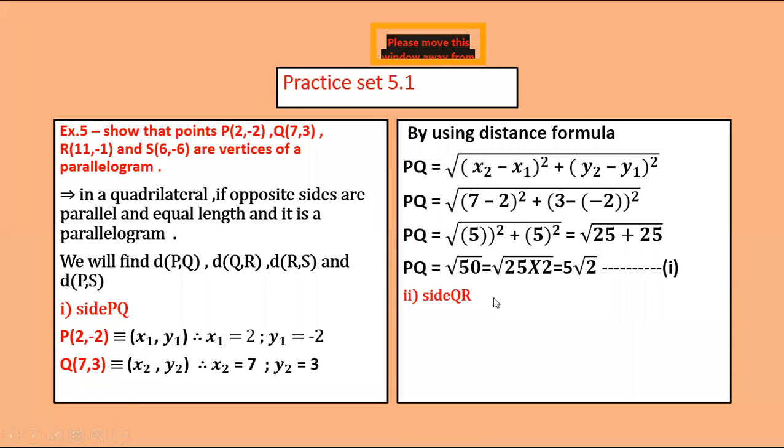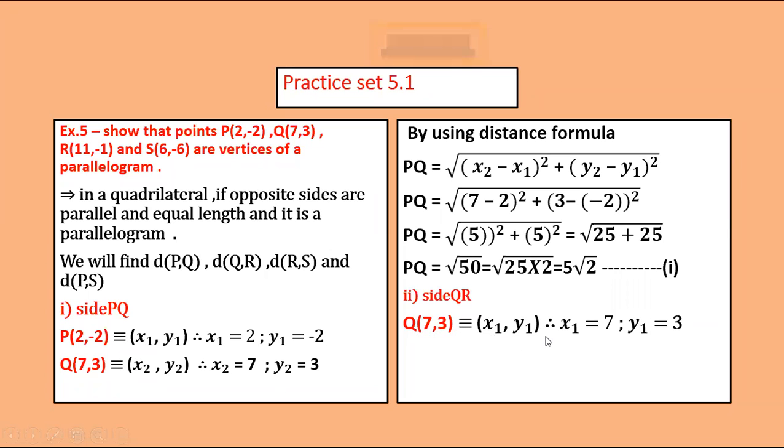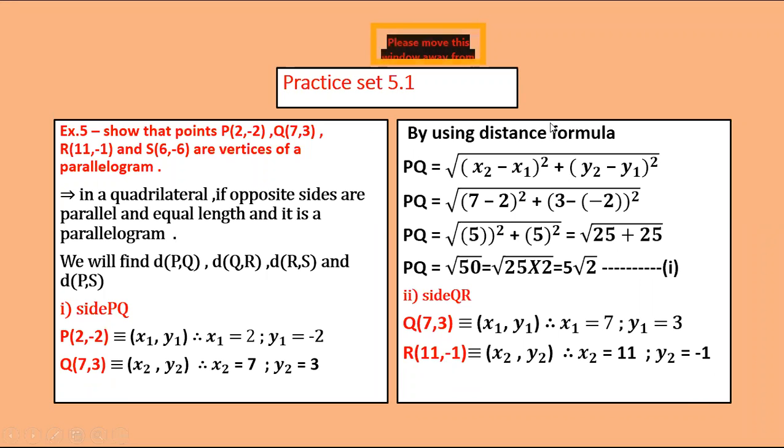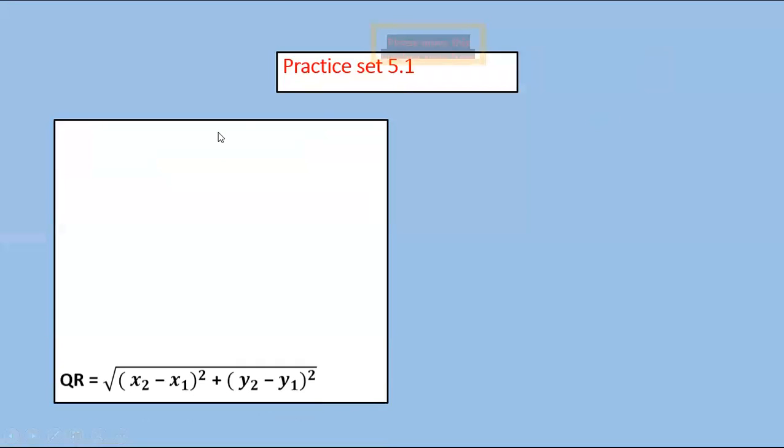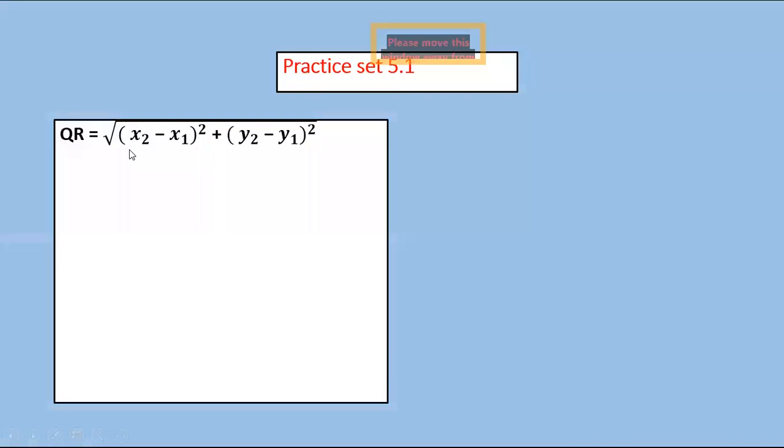Next, to find distance QR, or length of side QR. Q(7, 3) is considered as x1, y1 and point R(11, -1) is considered as x2, y2. Therefore x2 is equal to 11, y2 is equal to -1. QR is equal to square root of (x2 - x1) square plus (y2 - y1) square.